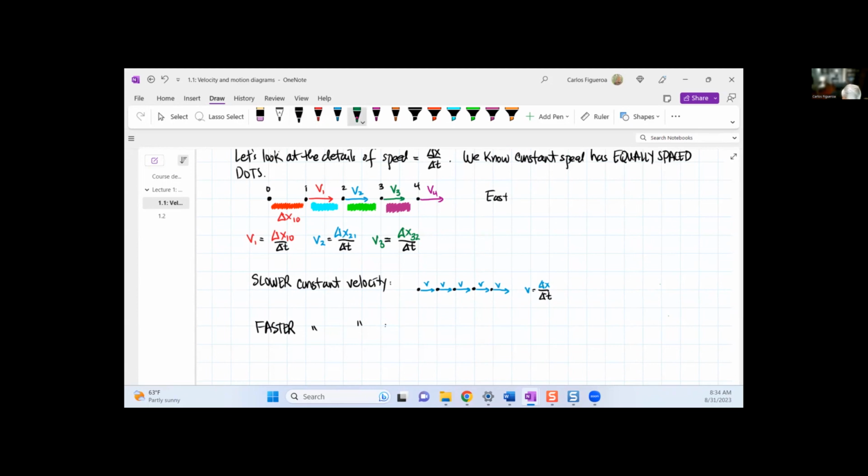On the other hand, I could have dots that are farther apart. So when I go in and I draw my velocity vectors, you could see that they're larger, and therefore I draw a bigger symbol like that. So in this situation, the reason why this is a large velocity is because it covers more distance per unit time.